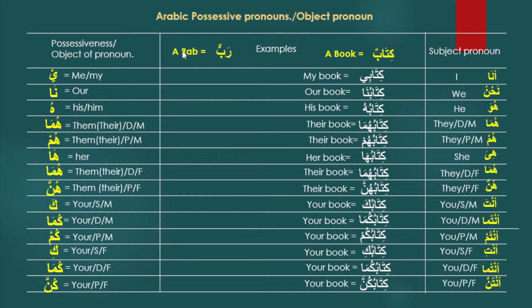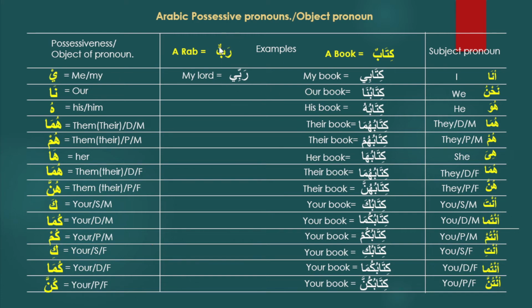Rabbun means a Lord, a Rabb. We will use this object pronoun for this Rabb. So guess first. My Rabb, what will be the correct one? Can you guess? Yes. Rabbi. My Rabb will be Rabbi, because we have to add ya at the end of this word.